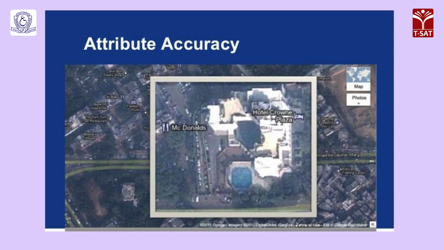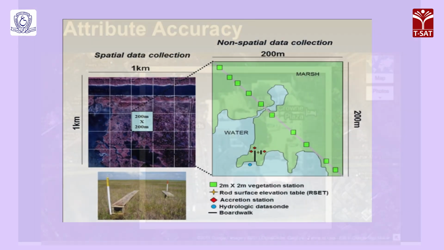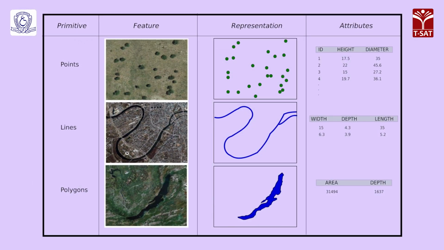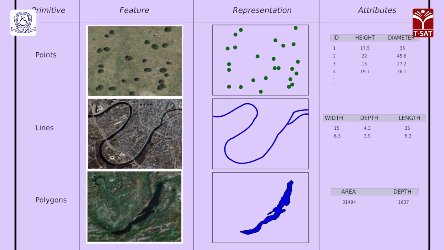Attribute accuracy. The non-spatial data linked to location may also be inaccurate or imprecise. Inaccuracy may result from mistakes of many sorts. Non-spatial data can also vary greatly in precision. Precise attribute information describes phenomena in great detail.